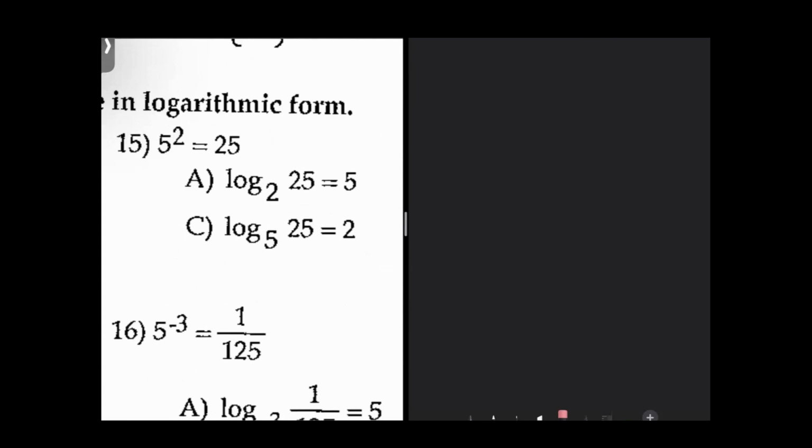So generally speaking, if you have b raised to the x equals y, and you want to convert that into logarithm, you have log base b of y equals x. The answer to a logarithm is the exponent. So make sure you know what the exponential form is and match it correspondingly to the logarithmic form.